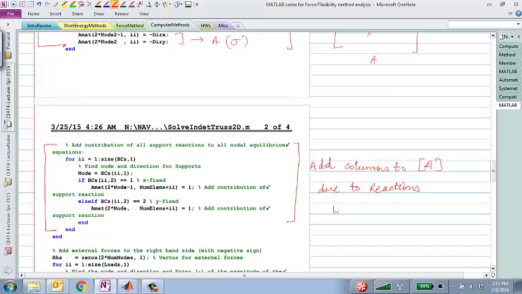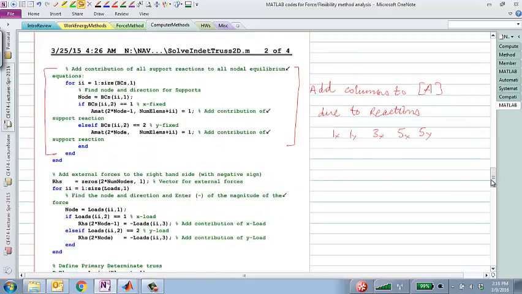And here there are 1x, 1y, 3x, 5x, and 5y. There are 5 reactions here. So the A matrix in this case actually would not be symmetric, would not even be square. There are more unknowns than equations. So that should be expected, and we'll see that in a little bit.